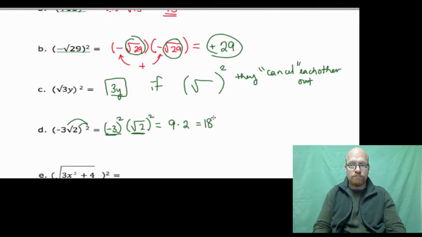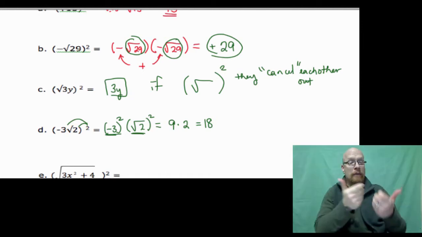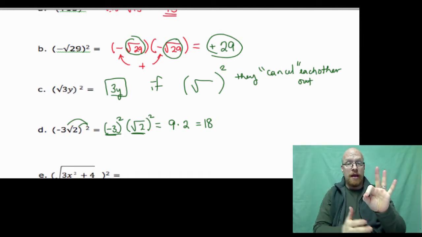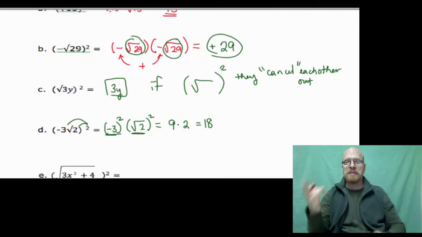Okay, so we split it up. So negative 3 squared is 9, and square root of 2 squared is 2. Now I have to multiply them together again. 9 times 2 is 18.